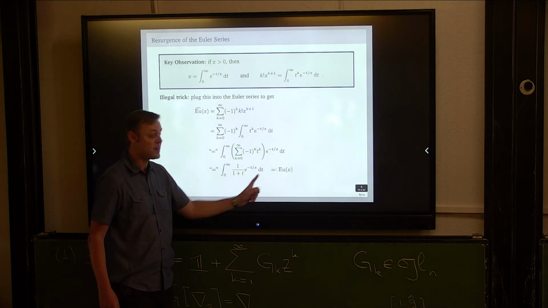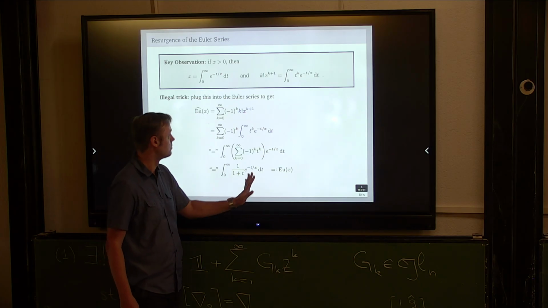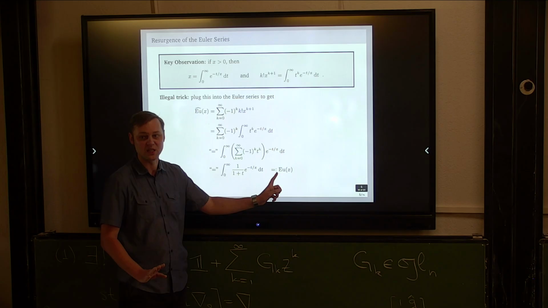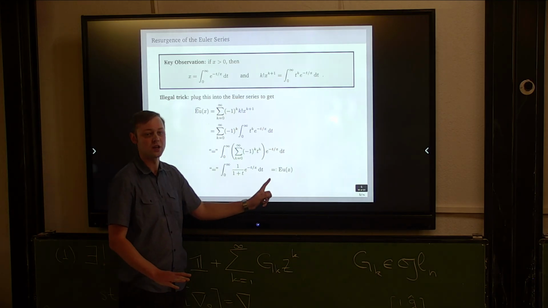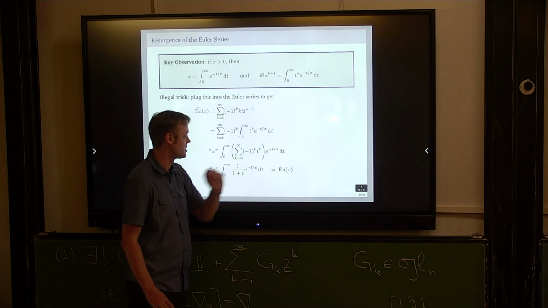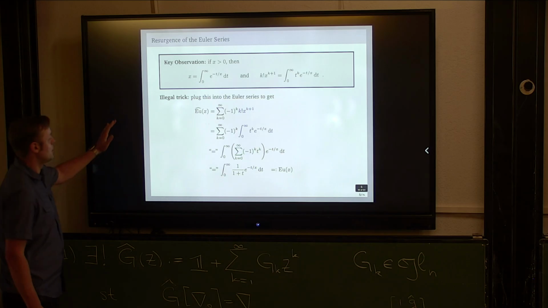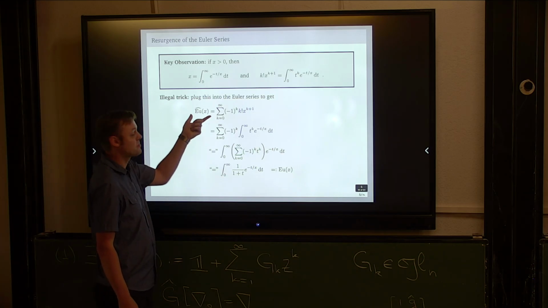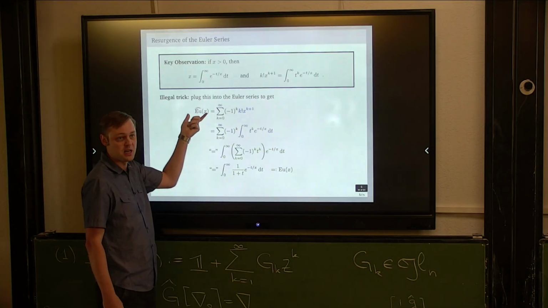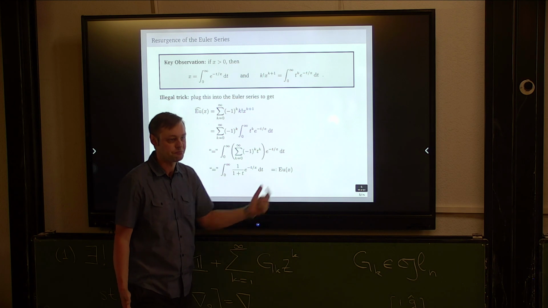This defines for me some kind of holomorphic function of x. As long as x remains positive, maybe I shouldn't call it a holomorphic, but it's an analytic function of x where x is positive. So, like, by hook or by crook, we started with something that basically had no analytic meaning and ended up with something that has a perfectly well-defined analytic meaning.